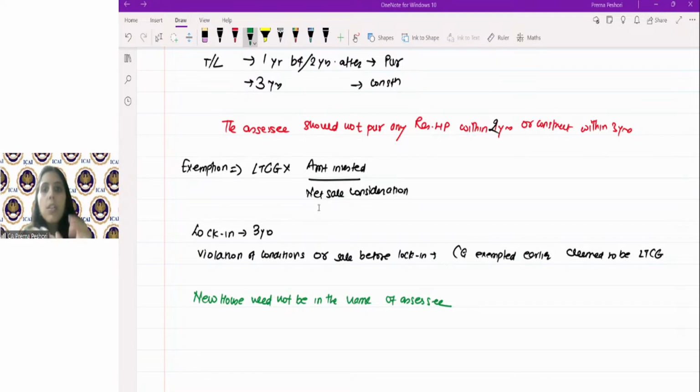So you may not restrict it only to the actual sale consideration. You can even consider the notional amount. So here you can write it down. Even 50C value can be considered here if that is higher or if that is adopted. Are we clear? Any doubt?